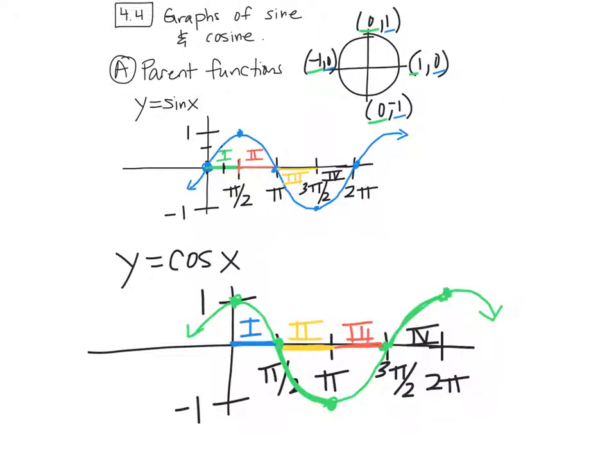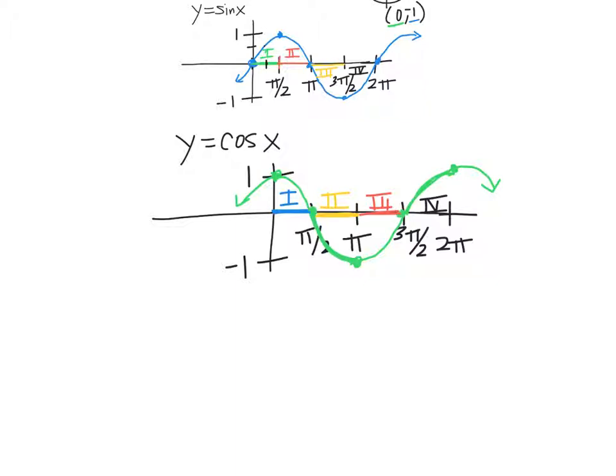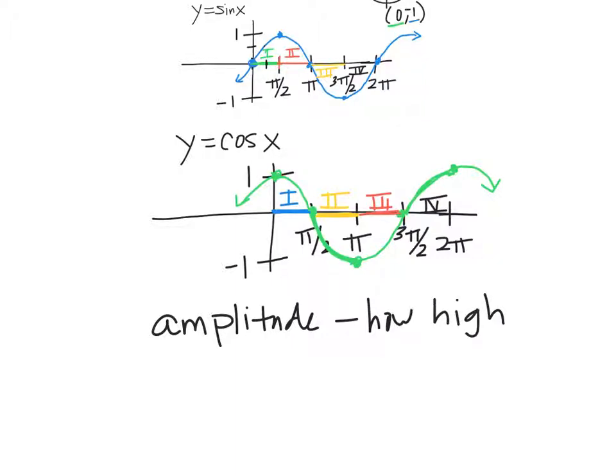So what are we going to do with these? Well, we're going to talk about their cycles and their amplitude and all this stuff, okay? So here we go. We're going to learn a couple of things. One is the amplitude. The amplitude of sine and cosine. Now, sine and cosine are the only ones that have an amplitude. And it's how high it is above and below the axis, the symmetrical axis, I guess you call it.